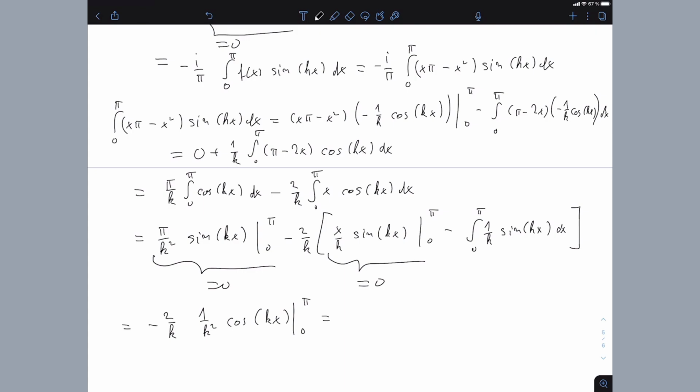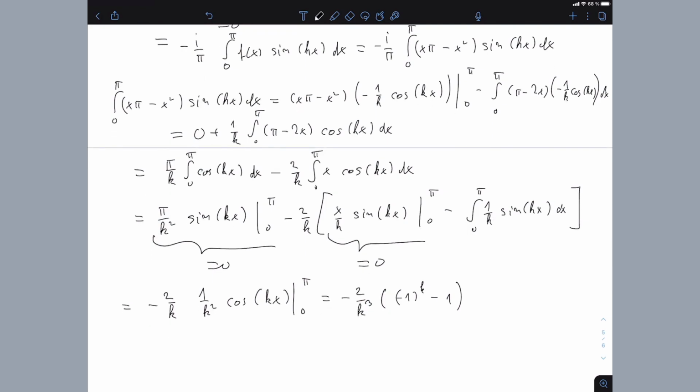Now we can collect everything. That's 2 divided by k cubed. Cosine of k pi is minus 1 to the k, and cosine of 0 is 1. This means we are pretty much done.